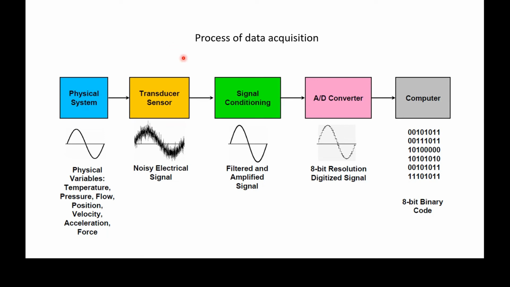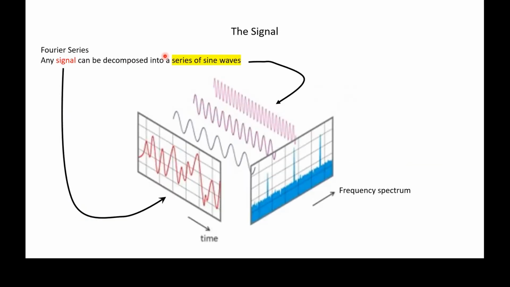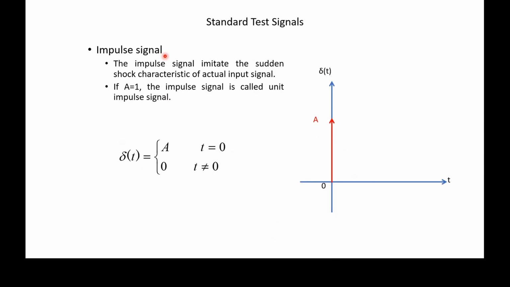So transducers are tricky to deal with and very important to know that they are working correctly. So we do various things to them. One of the things is an impulse signal, and we don't often use that as a standard test signal to see how our transducer handles it.